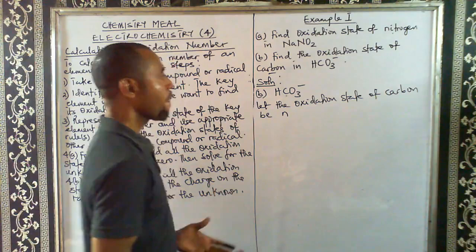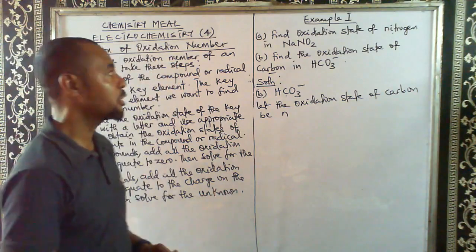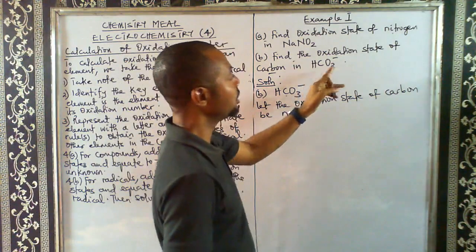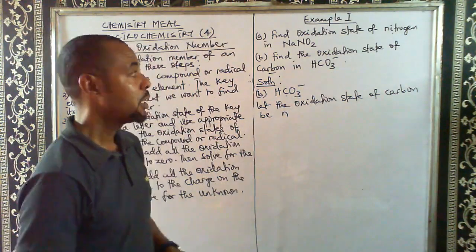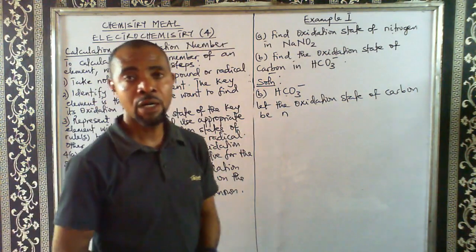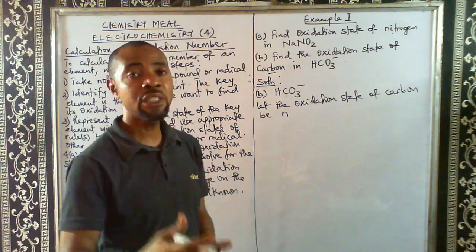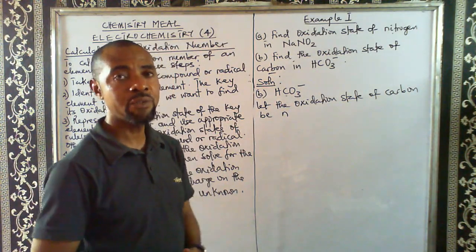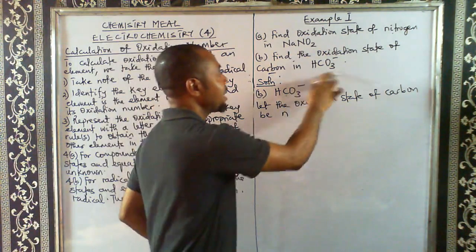So let's now use the rules to get the oxidation state of the other elements. The remaining elements here are hydrogen and oxygen. Rule number 1 says that the oxidation state of hydrogen is +1 in all compounds except a metallic hydride. Now this is not a metallic hydride.